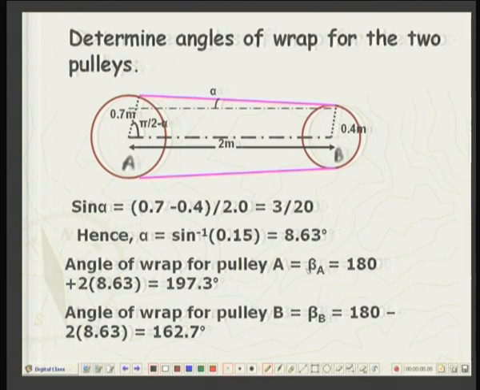With that, beta A is equal to 180 plus 2 times 8.63, which comes out to be 197.3 degrees. On the other hand, for pulley B, the angle of wrap beta B is equal to 180 minus 1 alpha over here and 1 alpha over here. So, that will come out to be 162.7 degrees, right.